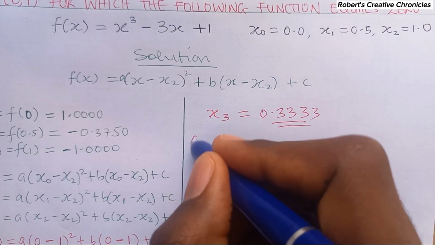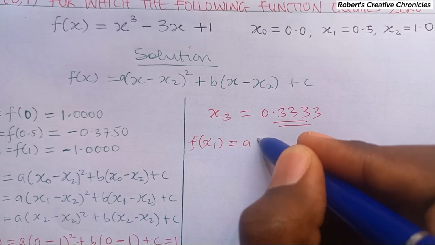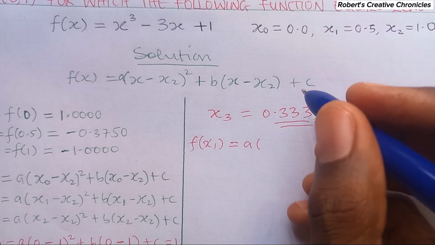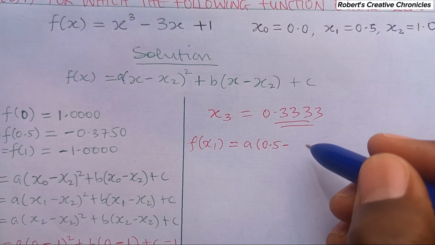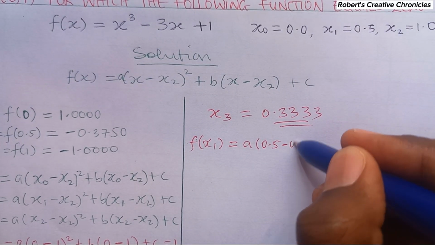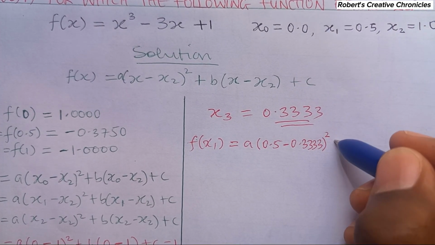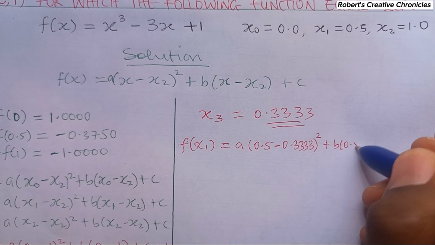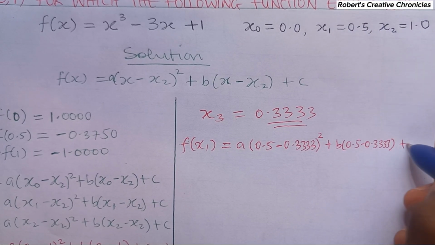So now we'll have that fx1 is equal to a times x1 minus x3. This x1 is 0.5 minus 0.3333 squared plus b, the same thing, then plus c.